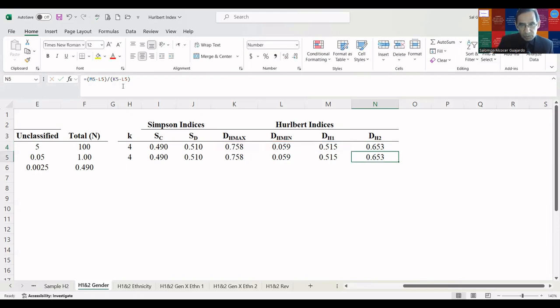That gives me a diversity score of 0.653. So that is the relative probability that individuals of different gender groups will come in contact with each other. So that's how you apply the Hurlbert diversity index and the Hurlbert relative diversity index to gender data.